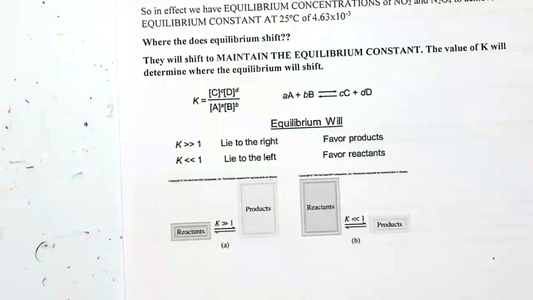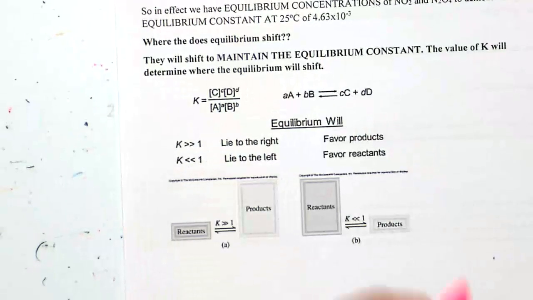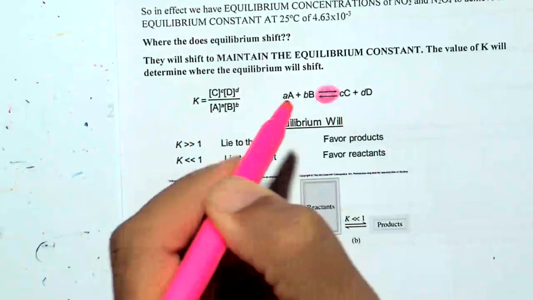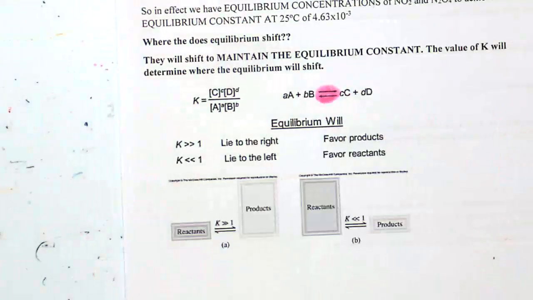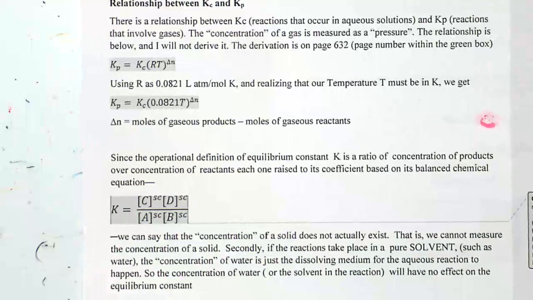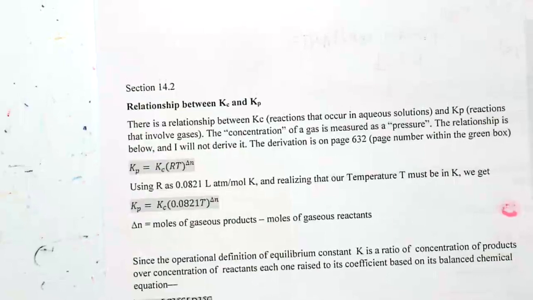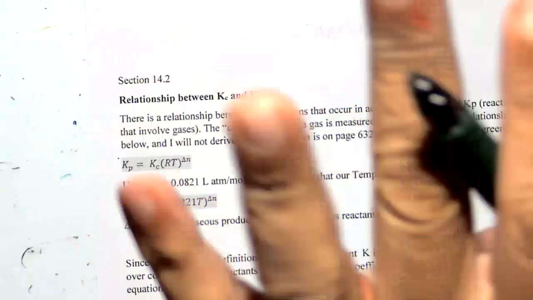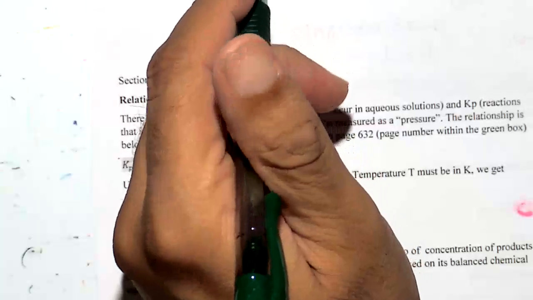Check your arrows also. Check your arrows. You see those 2 arrows? You have to think of an equilibrium reaction. All right, for gases, we have something here. So let's just go over some K's for now.